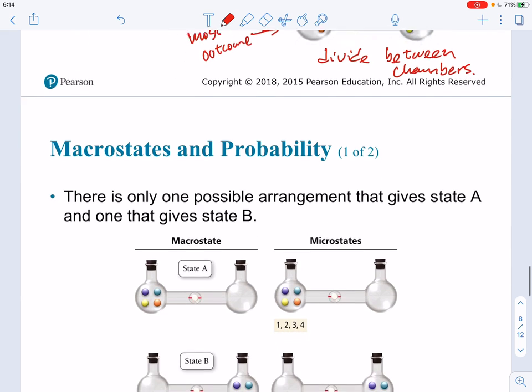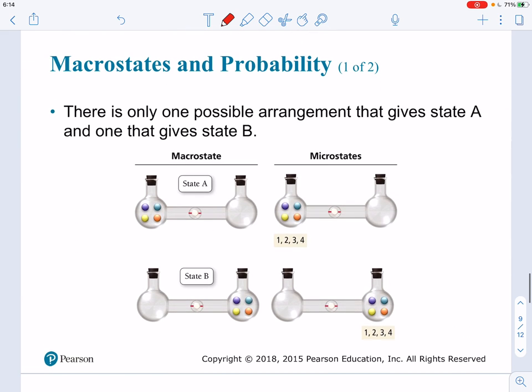So we have this, and I use color here, the book is using just numbers, but I think color makes a better impression. In the first state, you have four gas molecules, and they stay exactly the same.